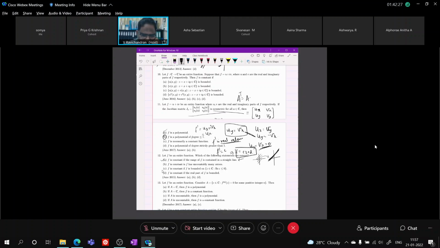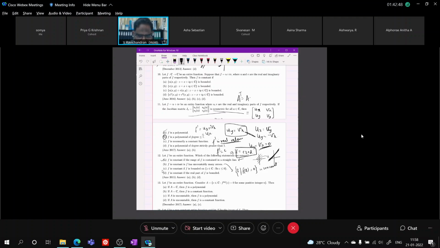And f is constant if f has countably many zeros. If f has uncountably many zeros, the set of all z such that f of z equal to 0 is uncountable. That is what is given. Any uncountable set will have a limit point. So this will have a limit point.